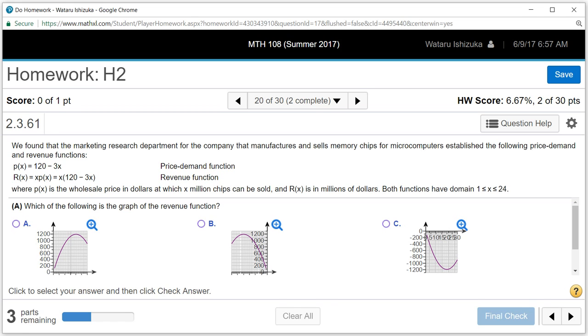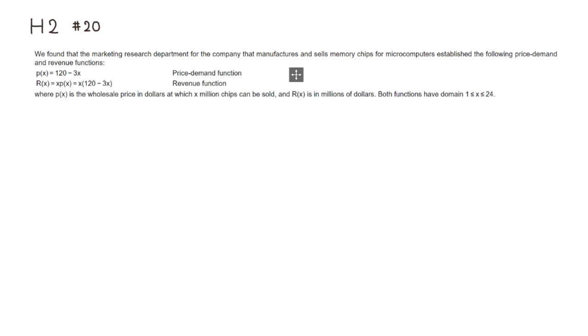Alright, let's look at the revenue function a little bit more closely. Here we distribute this x to both of these terms.